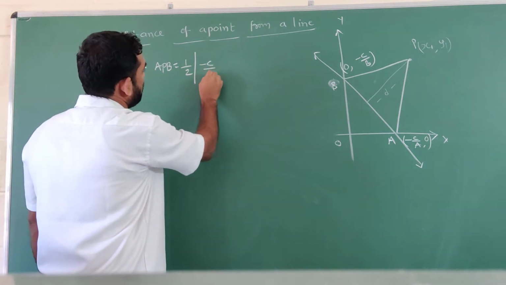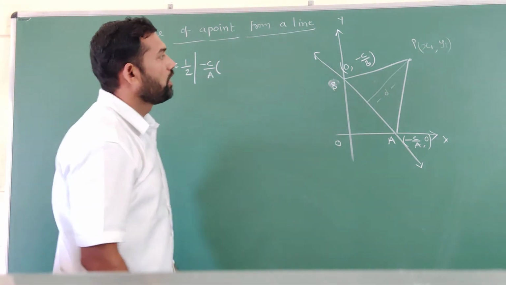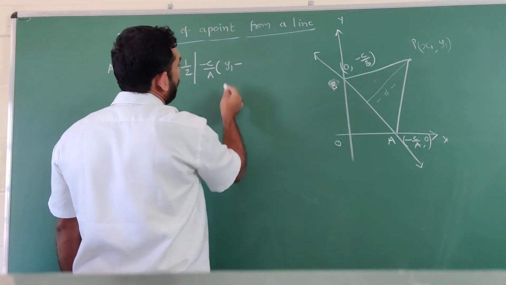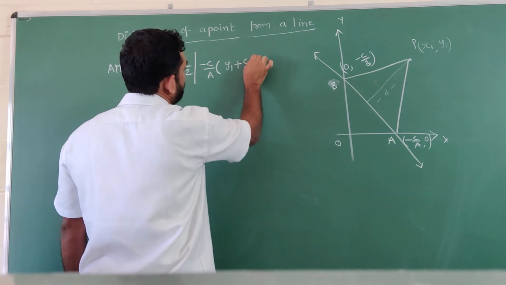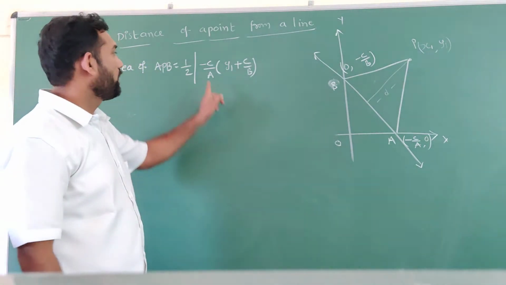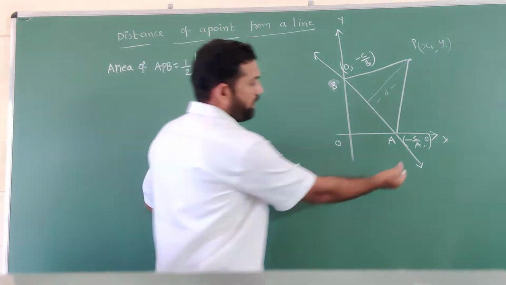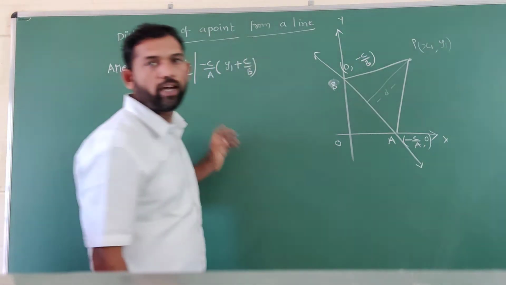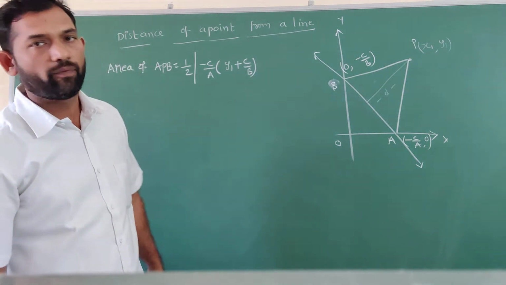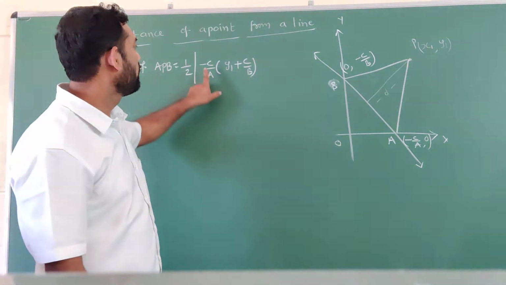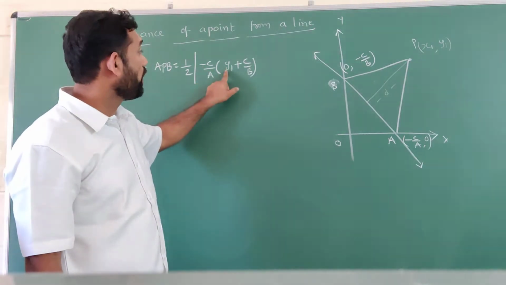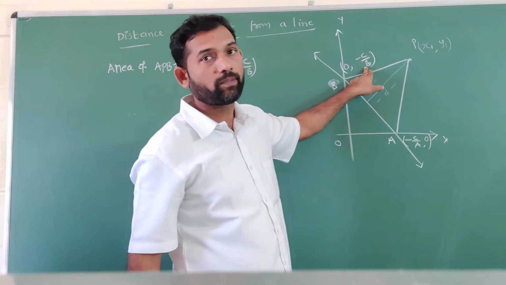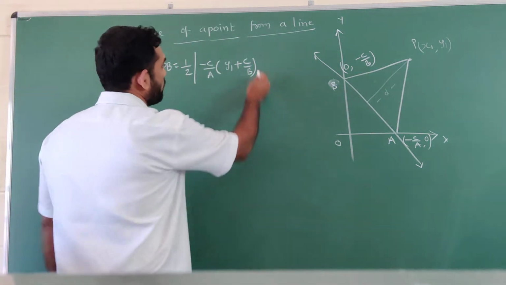Here this is x1 y1, this is x2 y2, this is x3 y3, you know that area formula: modulus of x1 into (y2 minus y3). Here y2 is y1 minus of minus C by B, which means plus C by B.